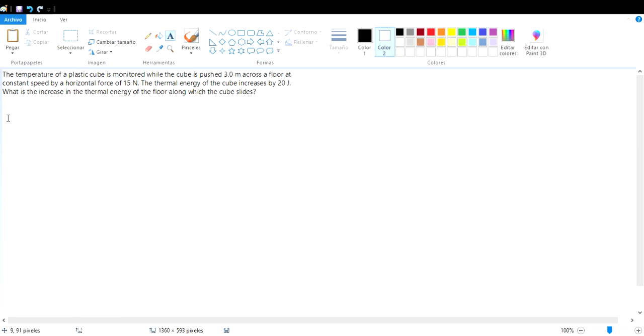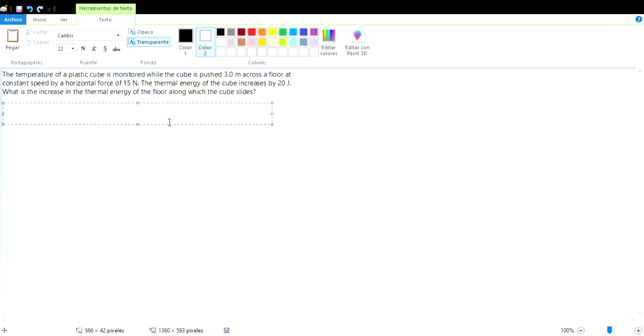Okay, first we're going to write the data. Let's say that the displacement distance is 3 meters. The force is 15 newtons.